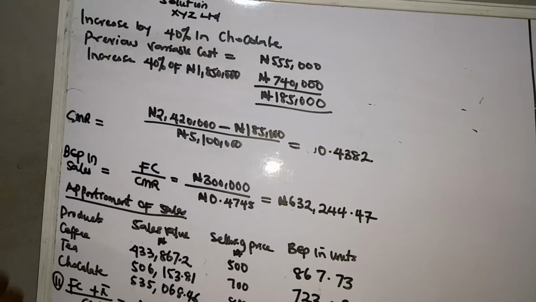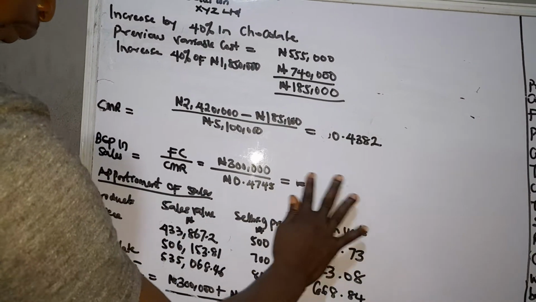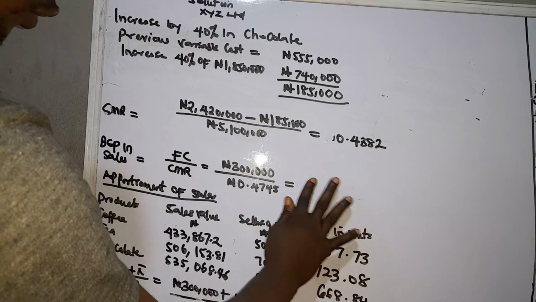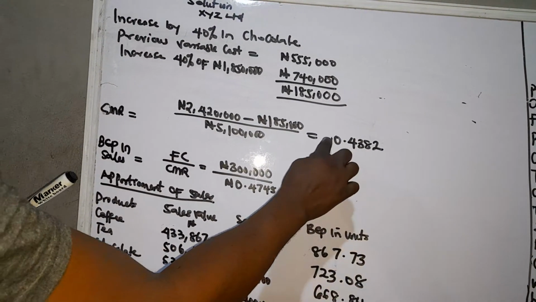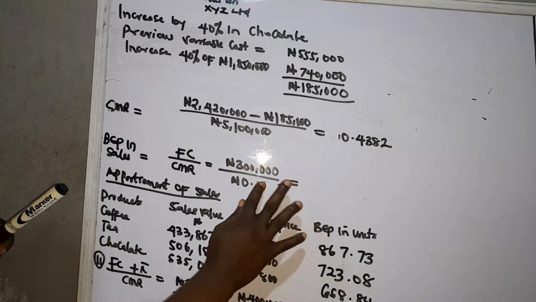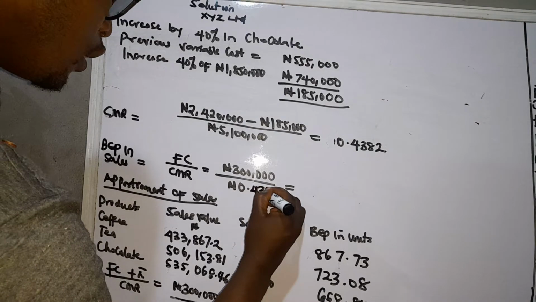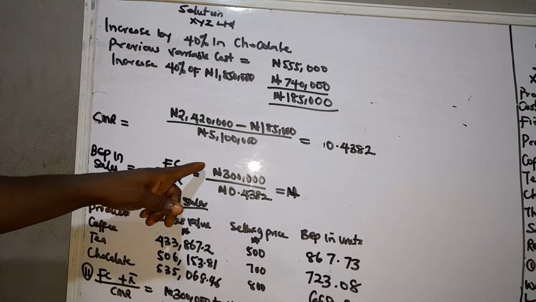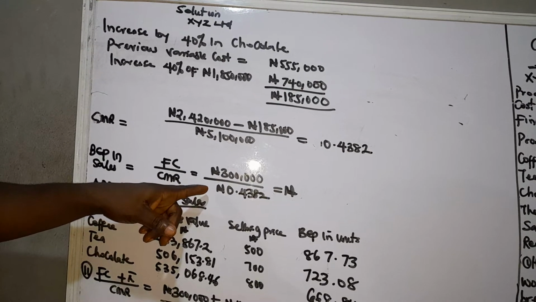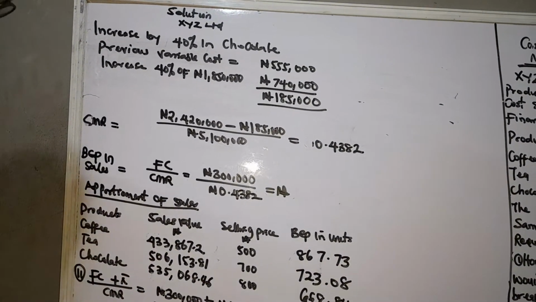So let's do our break-even now. Our new break-even point in sales is fixed cost divided by this, which is 0.4382. So that will give us 300,000 divided by 0.4382.